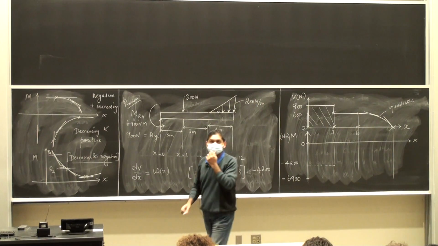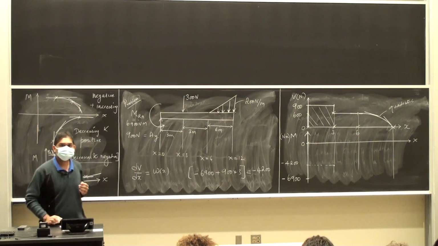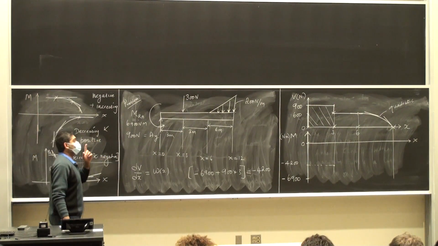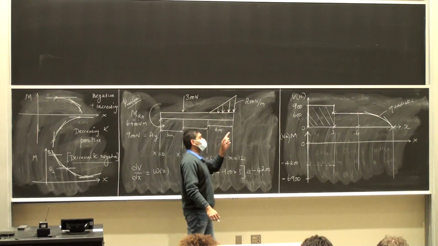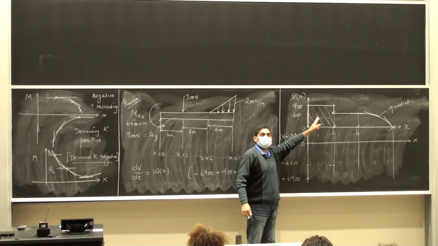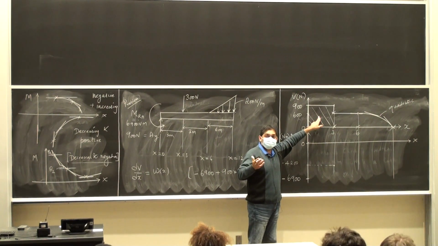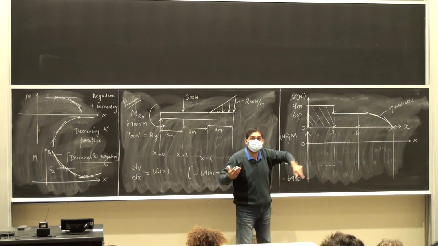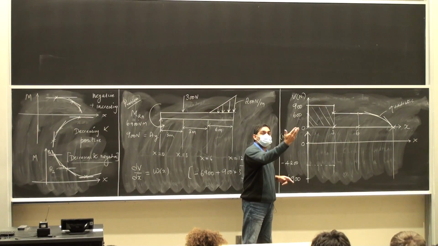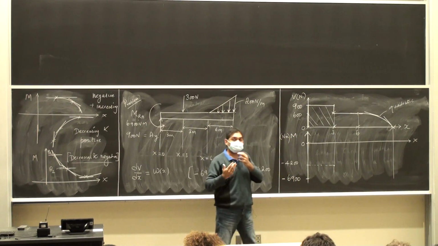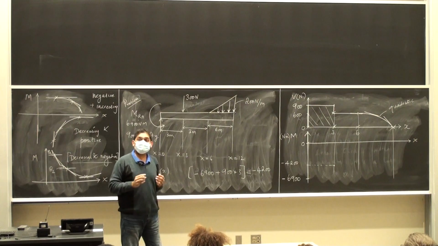How do I go? I have to look at the value of the shear force. The slope of the bending moment diagram is equal to the value of the shear force, which is positive and constant. So my bending moment has to go linearly from negative 6,900 to negative 4,200.